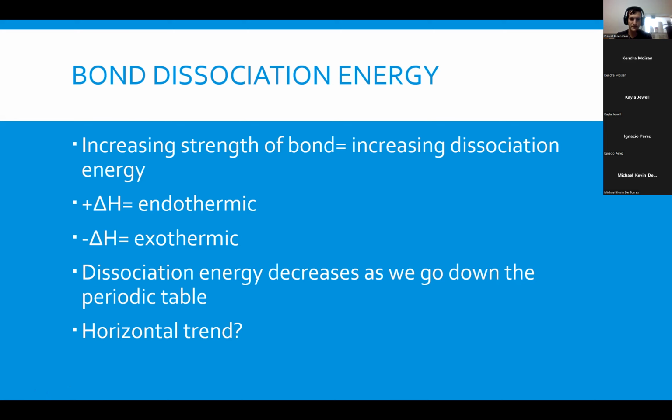So the whole reason that as we go down, we have a lower dissociation energy is that the bigger the atom, the farther away the electrons are from the nucleus, meaning the farther away the bond is. The farther away, the less energy that the two opposite charges attract, the easier it is to separate them.